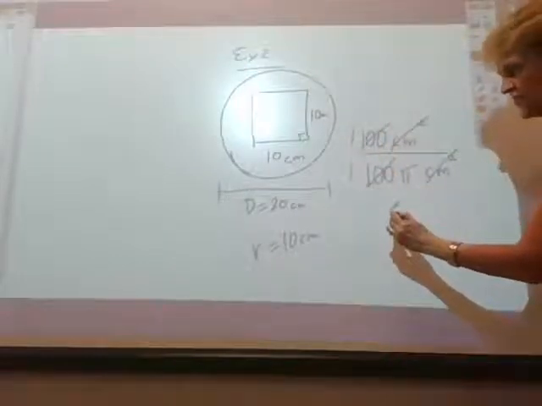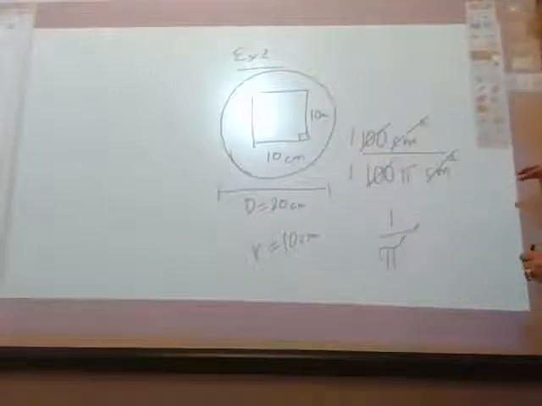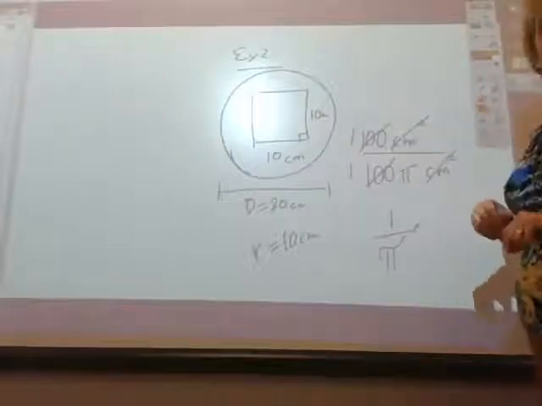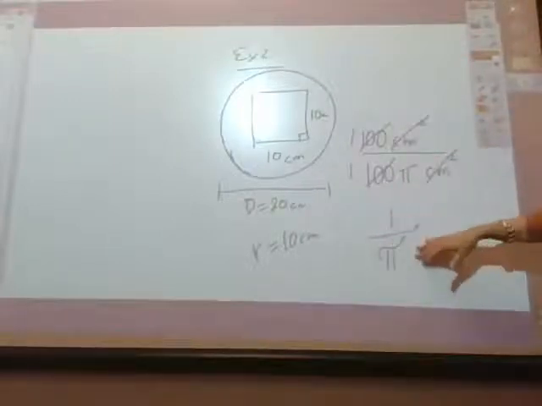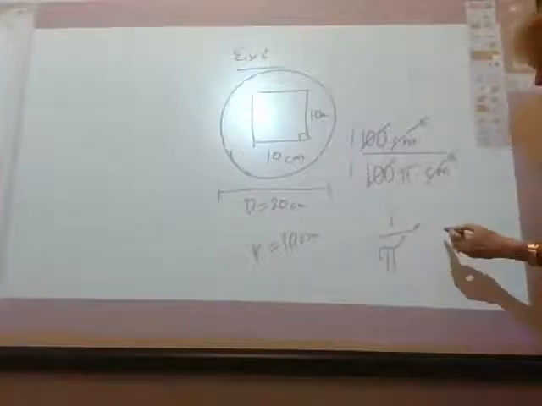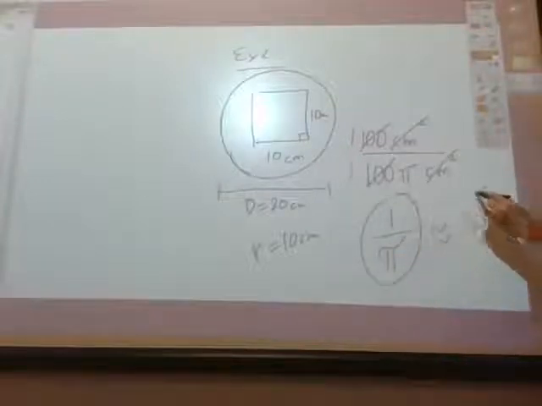So the answer then is 1 over pi probability that what lands in the circle would also land in the square. So you can leave your answer like that. Okay, if you want to do bottom into top, you could do 1 divided by pi, 3.14, and get approximately 0.32. But I would accept that answer.